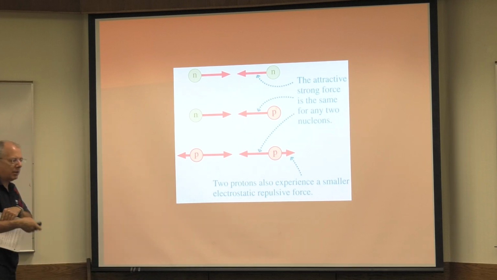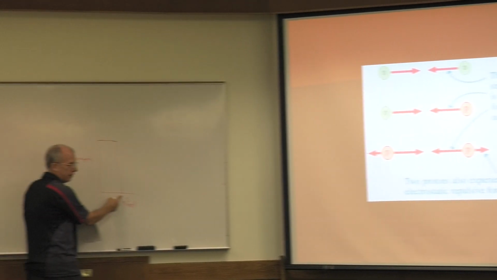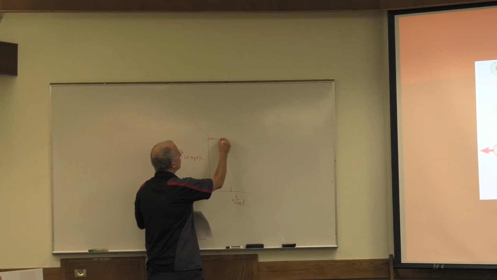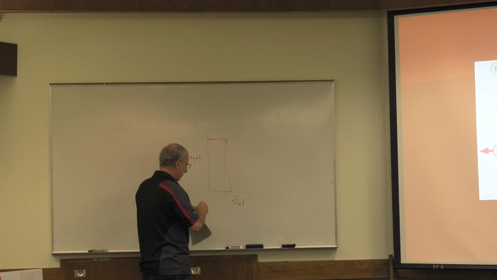So that's what this strong nuclear force is. It's kind of like this. Let's say this is the strength of the strong nuclear force, and this is the distance, right? So it's super, super strong, and then it goes to zero, where this is like the size of a nucleus, okay? Super strong, and then zoop, zero.